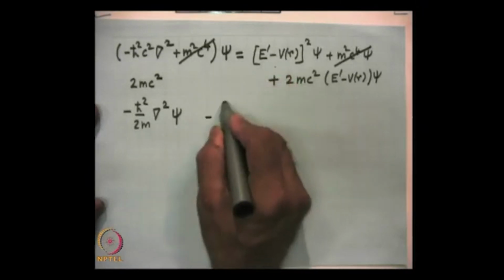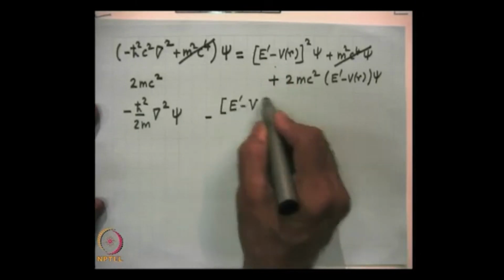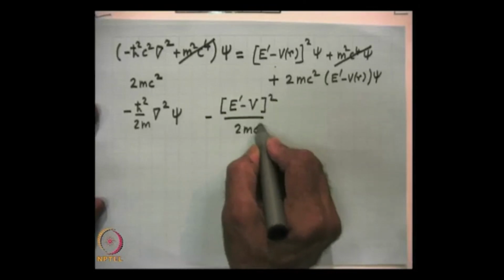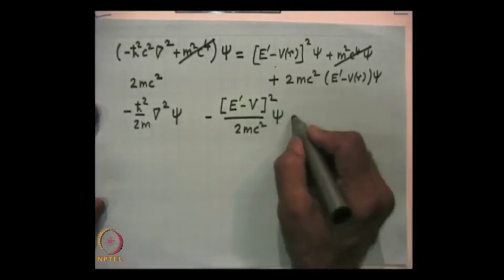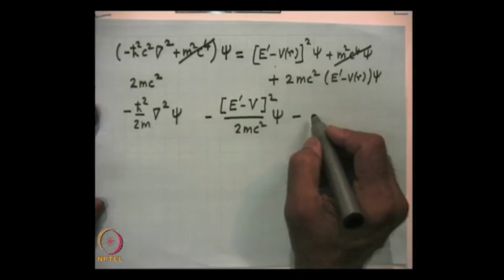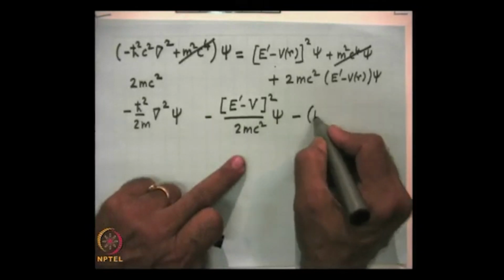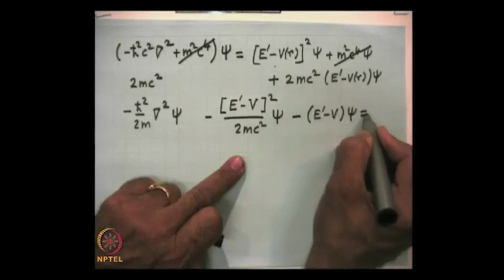So minus E prime minus V of r whole square by 2 m c square psi minus E prime minus V of r psi is equal to 0.